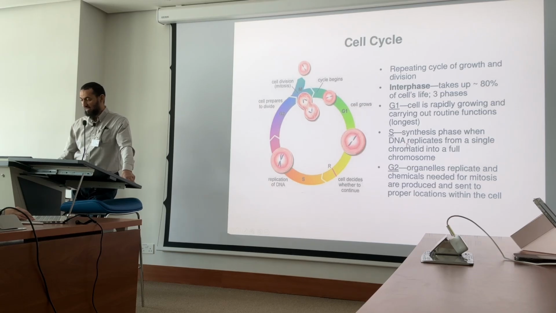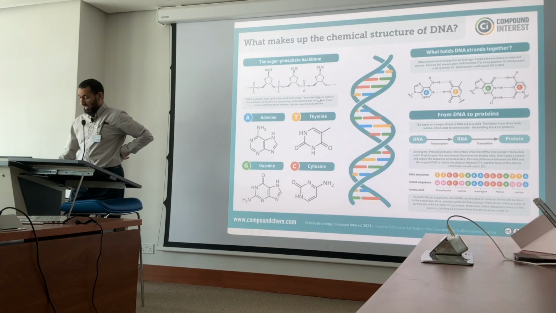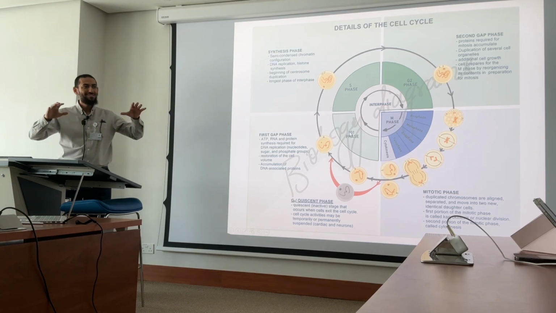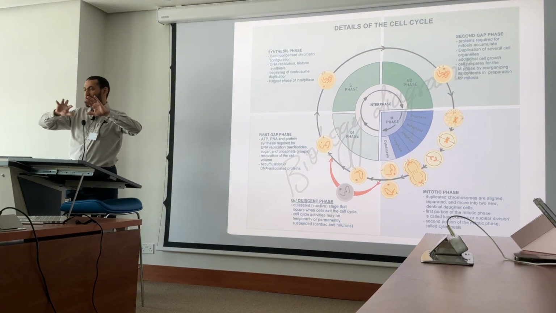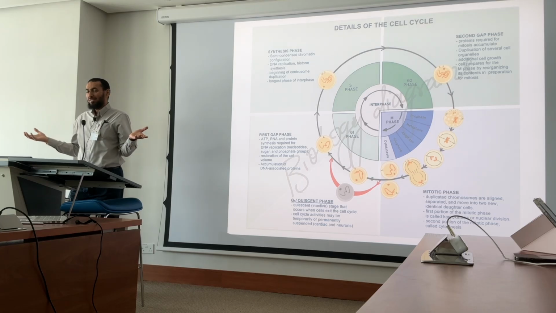And this is the life cycle, or the cell cycle, sorry. The interphase, which makes up 80% of the cell cycle. You can see it here. The interphase is composed of the G1 phase, which is the routine situation of the cell. Its function normally takes over the ordinary stage of the cell.